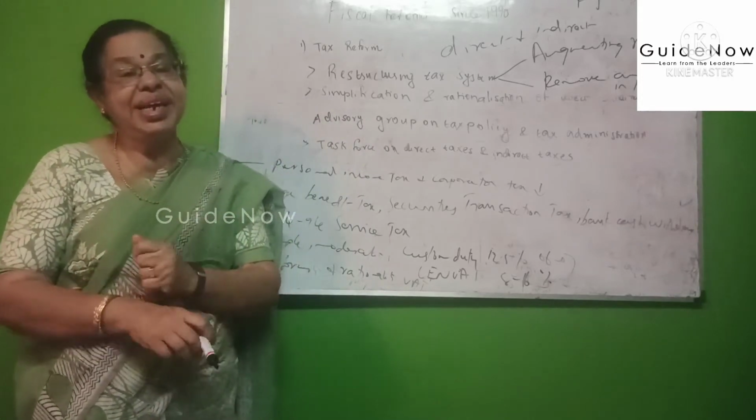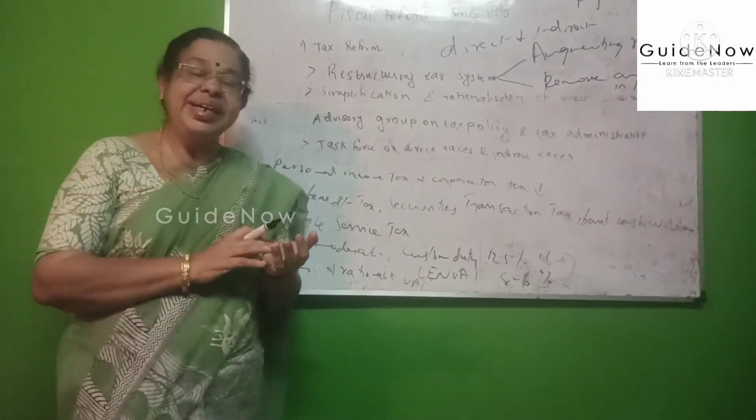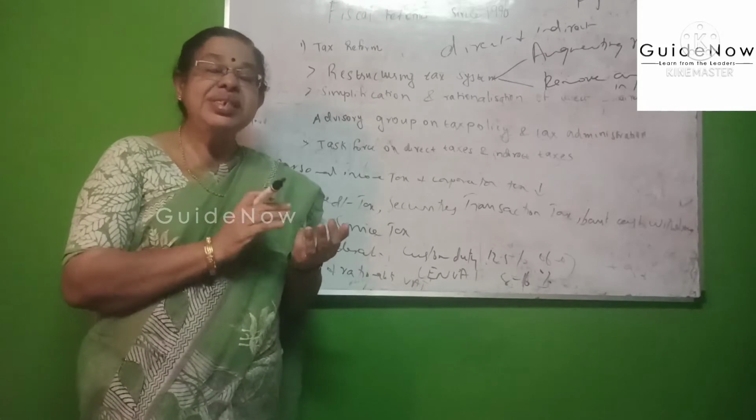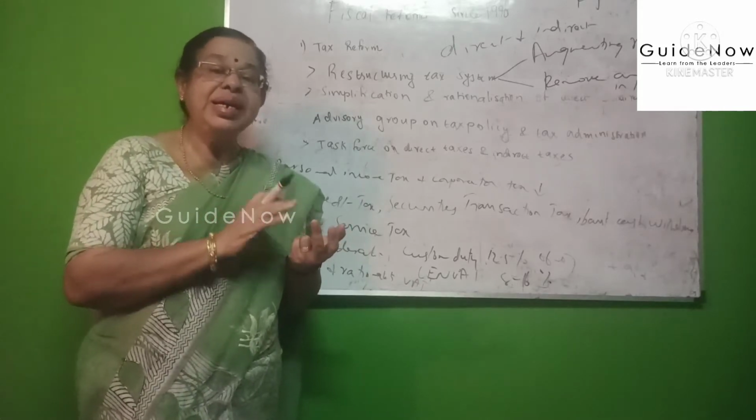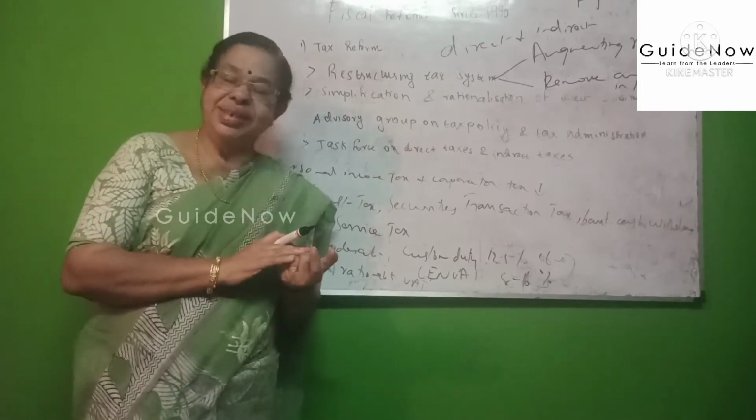According to the Raja Chellaiah Committee, they identified the need for a simple, moderate, rationalized tax structure.